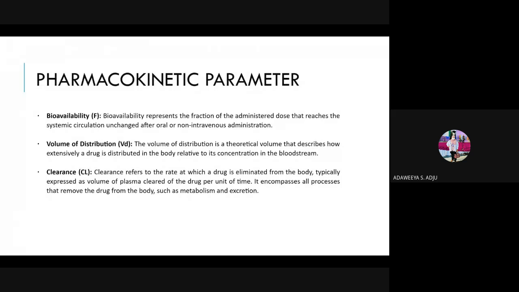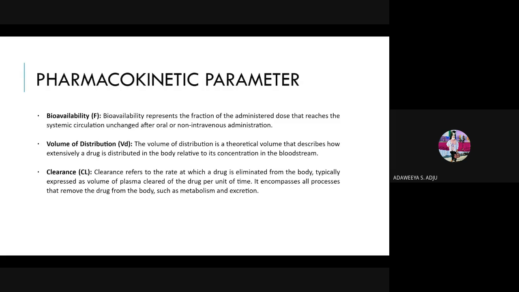For the volume of distribution, it is a theoretical volume that describes how extensively the drug is distributed in the body relative to its concentration in the bloodstream. This parameter provides information about the apparent space in which the drug appears to be distributed in the different organs of our body.